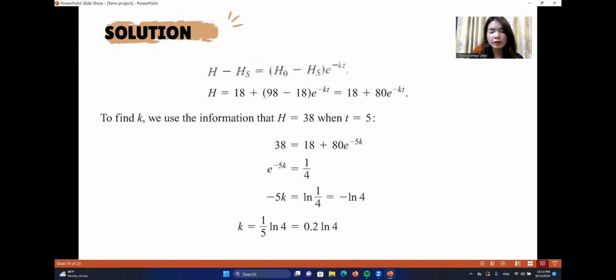We get 38 equals 18 plus 80 e to the power of negative 5k. Then we find e to the power of negative 5k equals 1 over 4. And then we get the answer k equals 1 over 5 natural logarithm of 4, which is equal to 0.2 natural logarithm of 4.